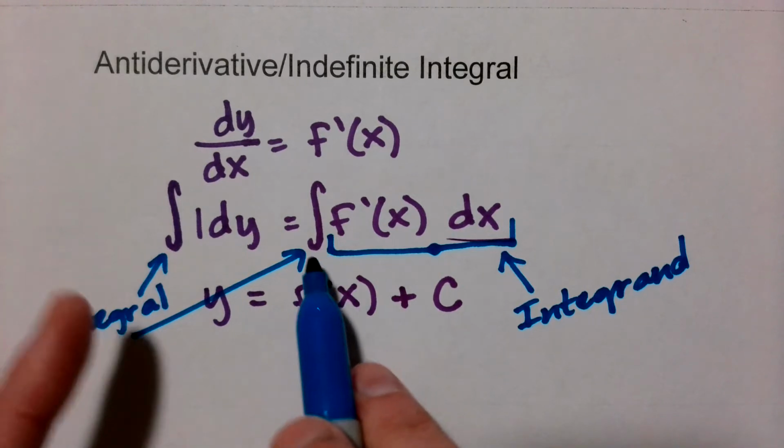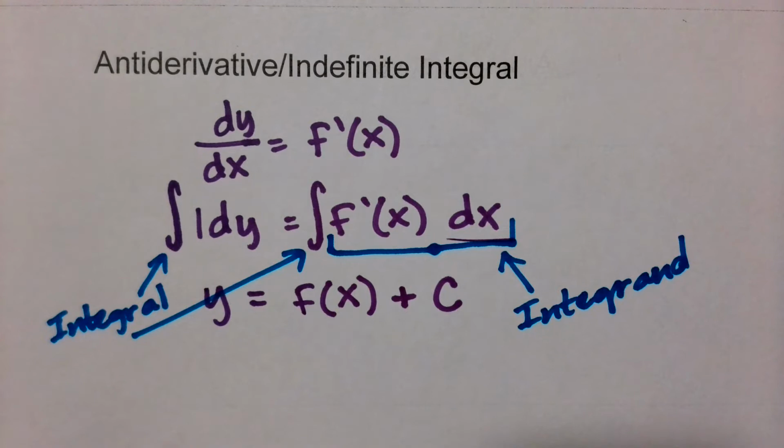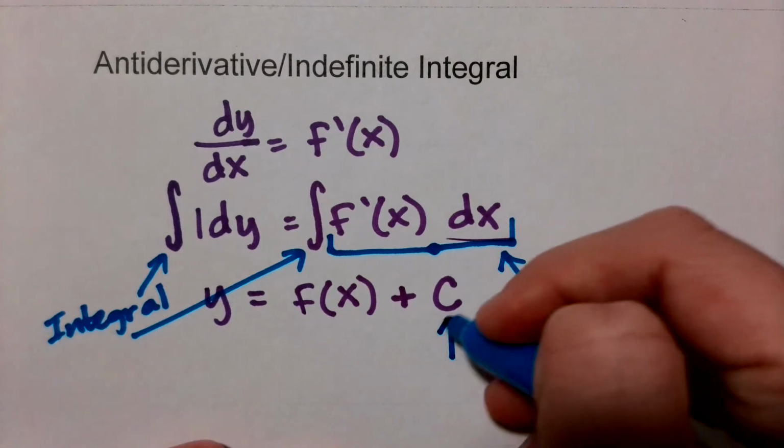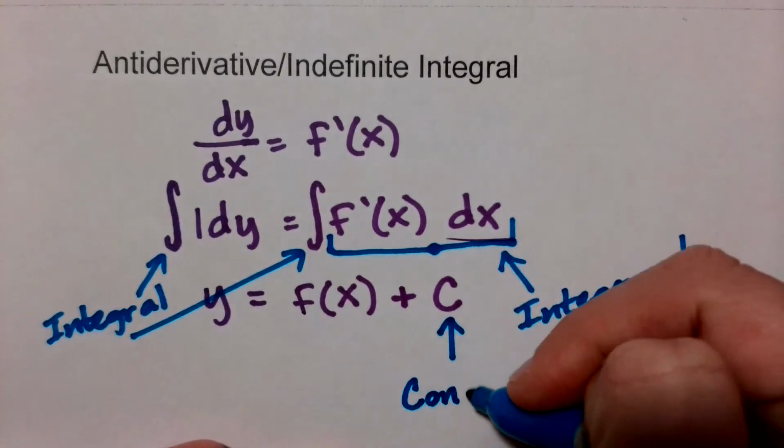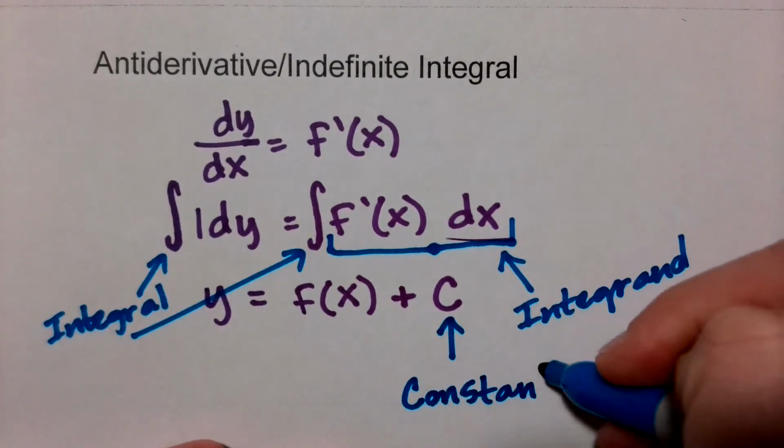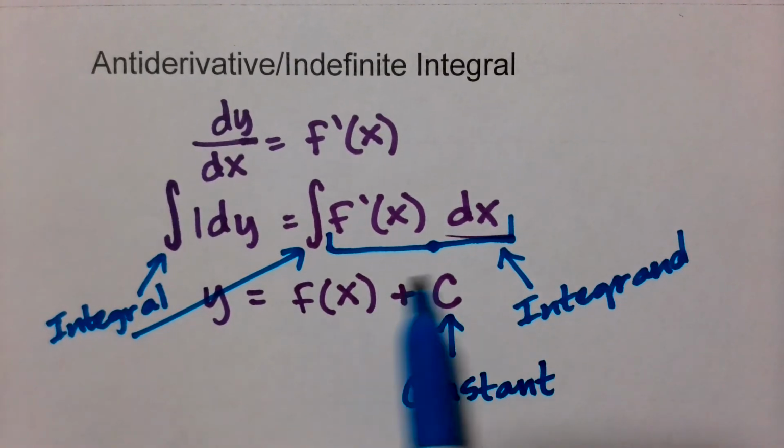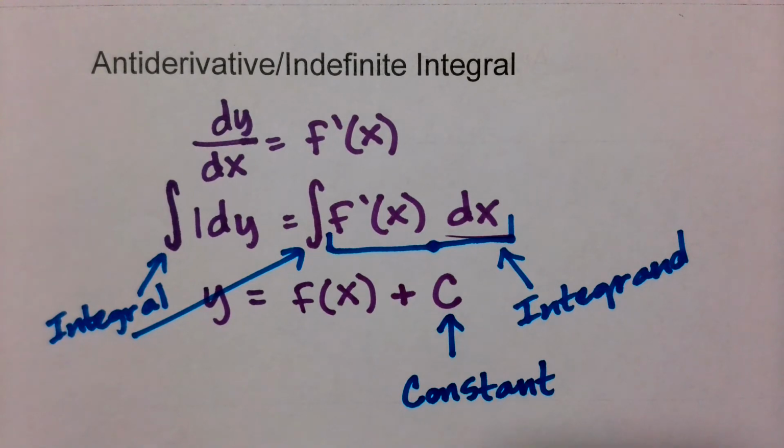So this is the integral, and then underneath, or what we're taking the integral of, is the integrand. This guy is just called the constant.